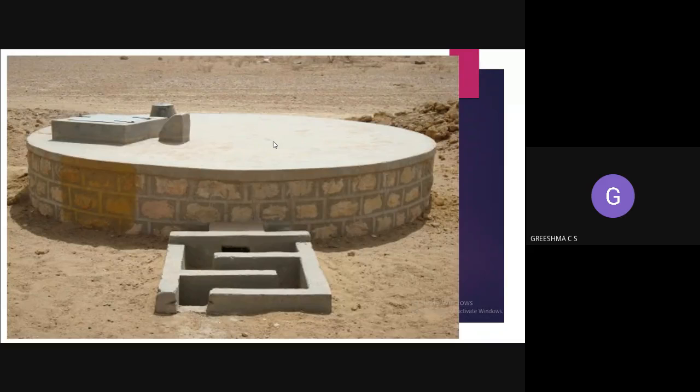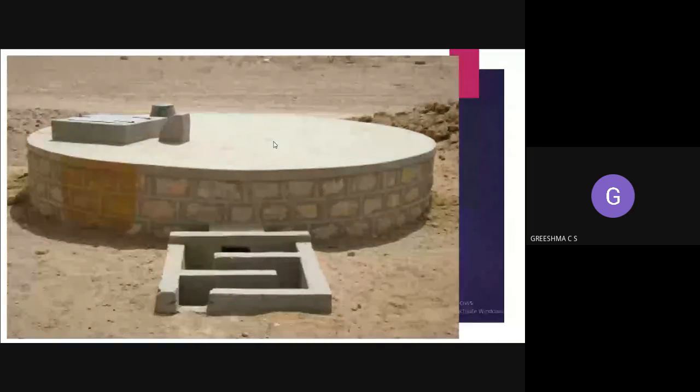The bottom portion will be a circular slab, and the top portion will also have a circular slab. Some porches will also be made. The porches of houses will be made as circular slabs, and also balconies. All these are examples of circular slabs.